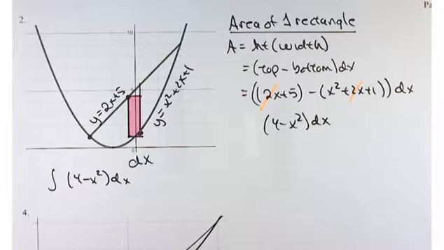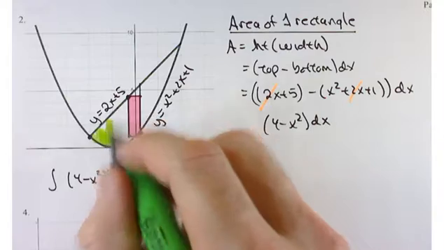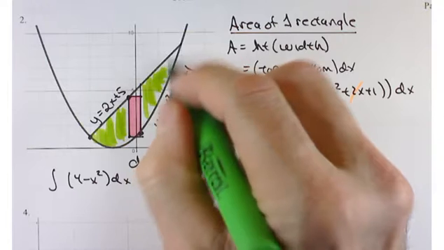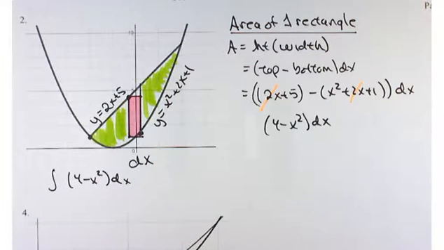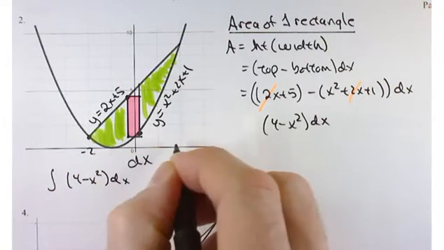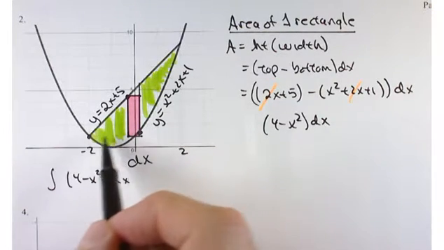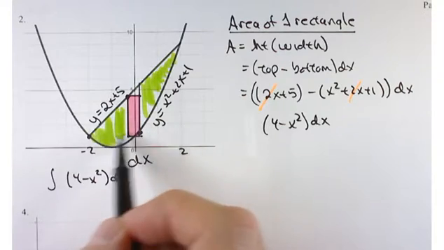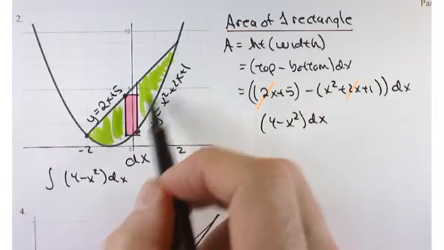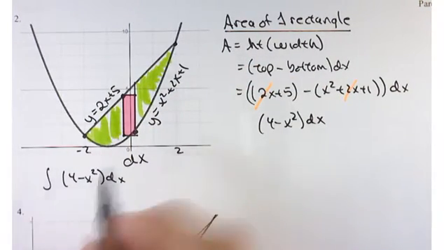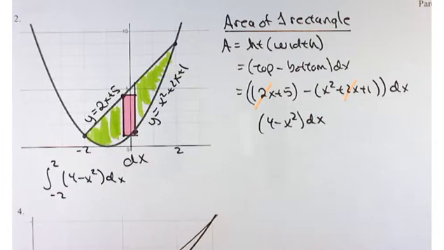Over what interval should I take that integral? Remember, we're trying to find this area. Go ahead, where was it from? Good, -2 to 2. -2 is the farthest left in this region that you can take a slice, and 2 is the farthest to the right. So those are the limits of our integral, -2 to 2.